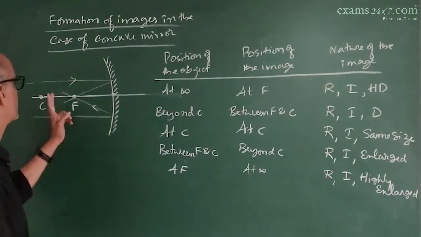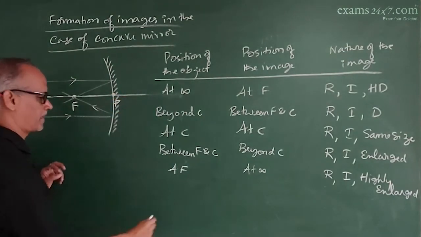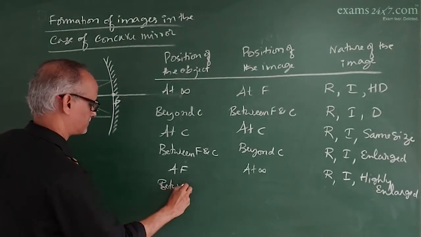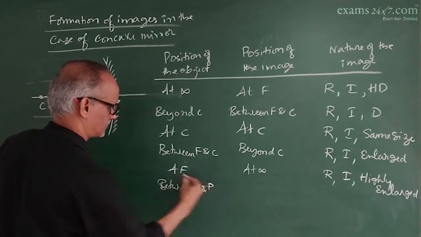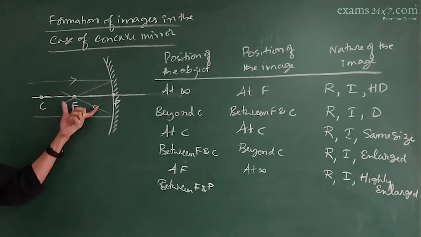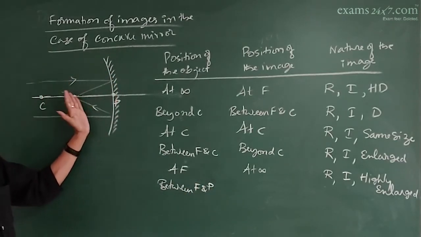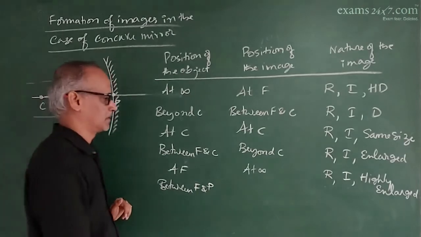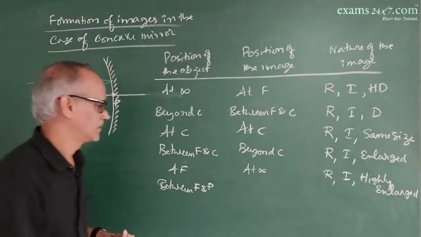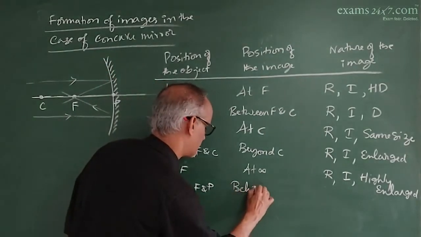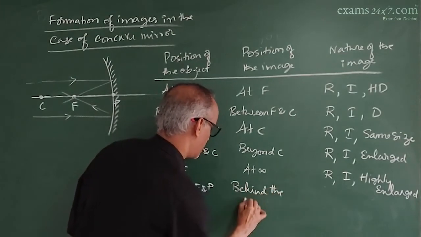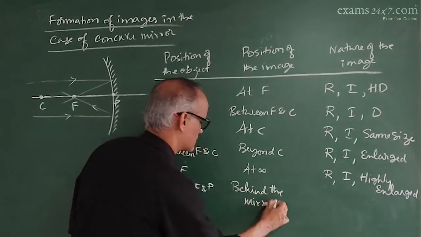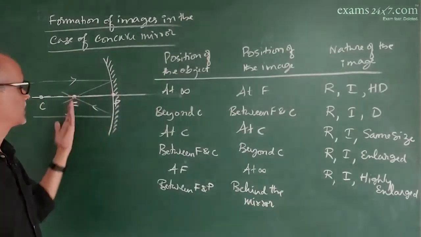And when placed between F and P, only for this position, we get an image behind the mirror. And whenever we get an image behind the mirror, it's not real because real images are formed in front of the mirror.